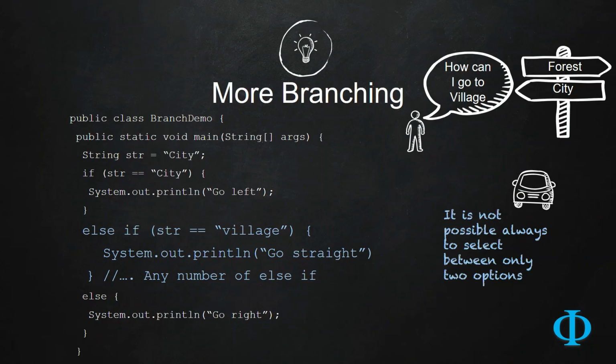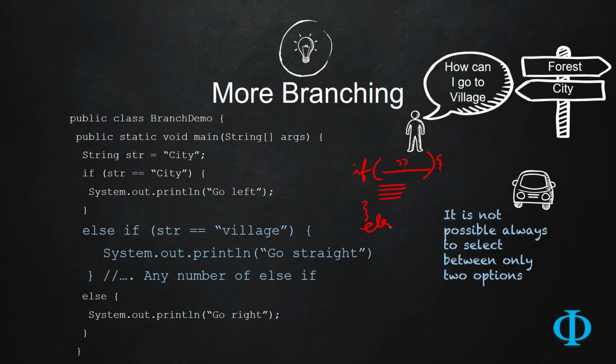Now, all the time, it is not possible to represent the situation with only two branches. So far, whatever Java program you have written, there are only two branches. That is, if some condition holds true, then it executes all the instructions over here.